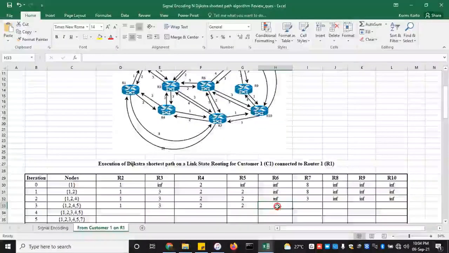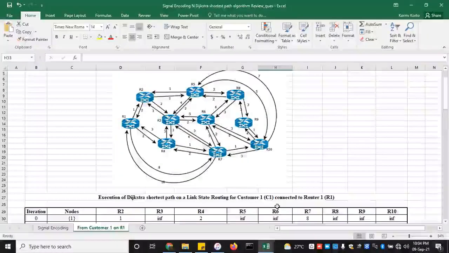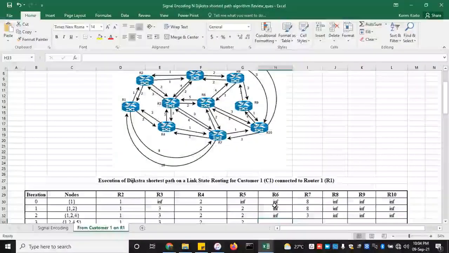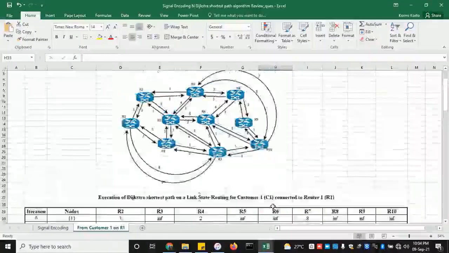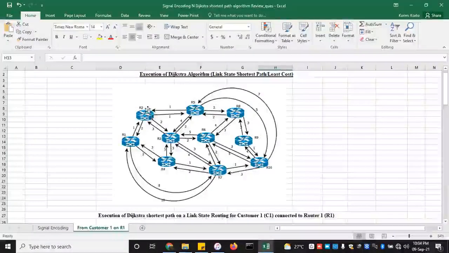What about 6? 6 is still off, it's still out of range. So it's still going to maintain the infinite. It's still out of range, you think about it, because we have 4 nodes to work with right now. We have 1, 2, 4, and 5.